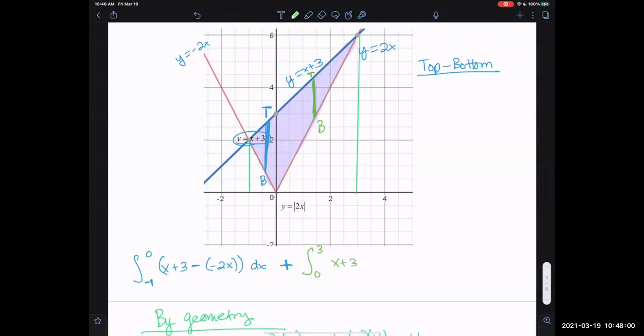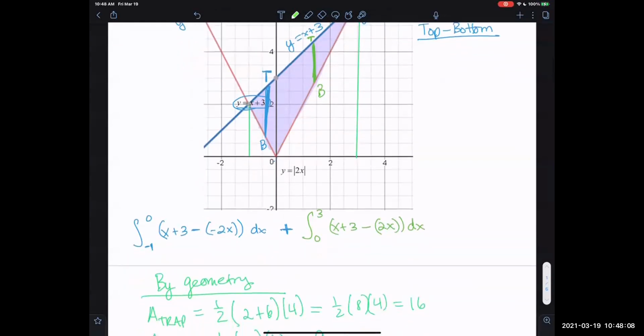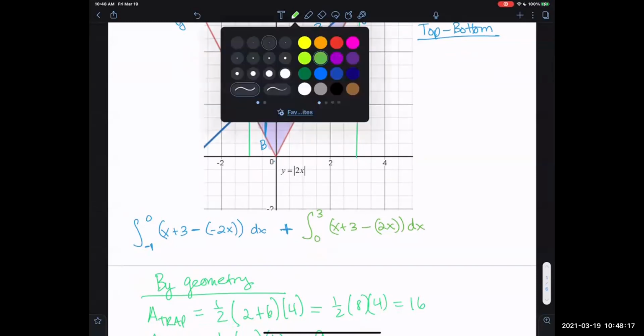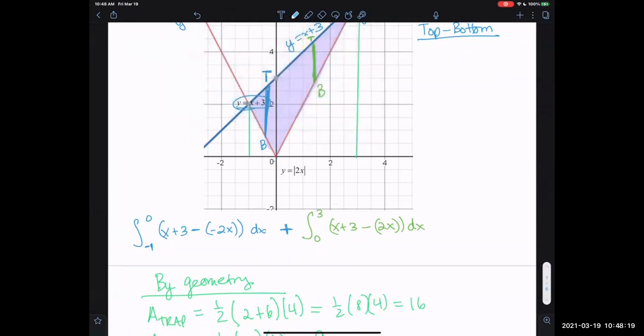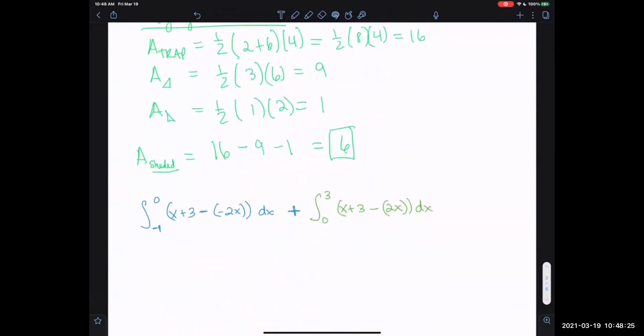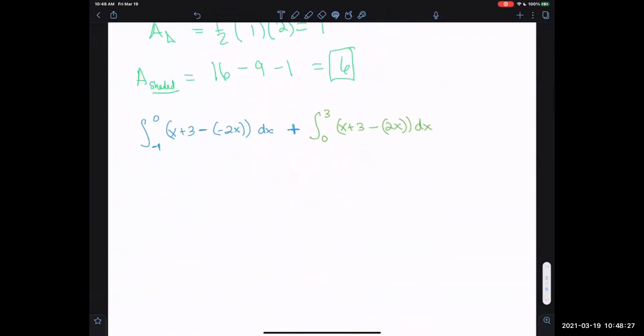And the setup is going to look very similar, but remember that this is now the positive portion of the absolute value graph. Okay, so now that I've got it set up, I'm going to move it so I have space to actually work the problem.